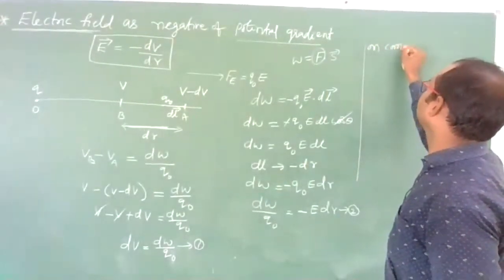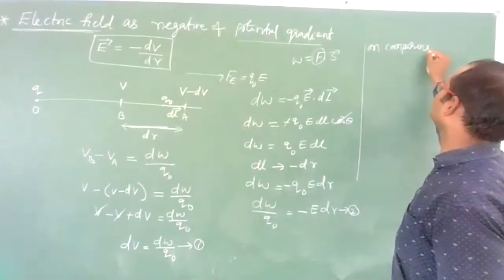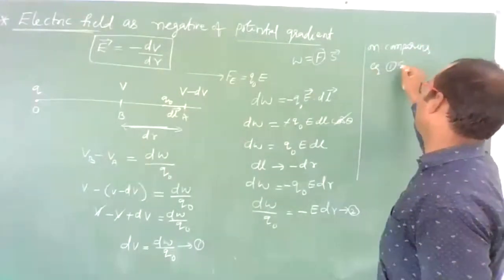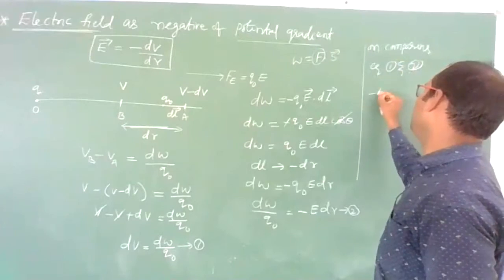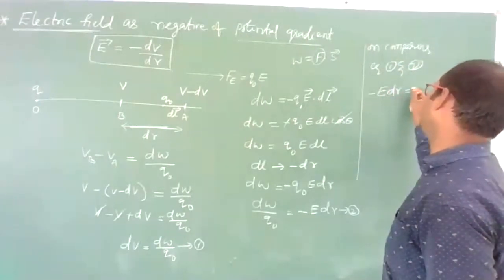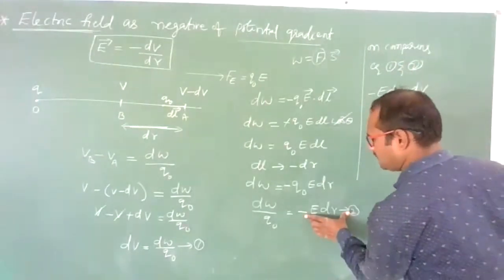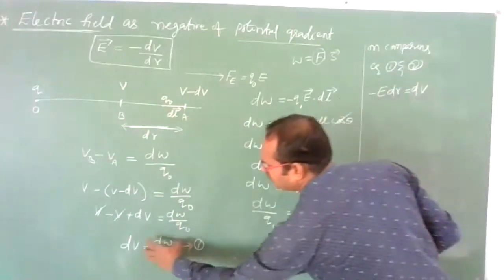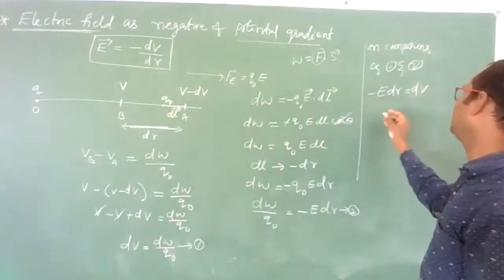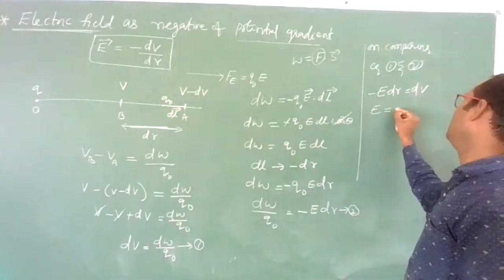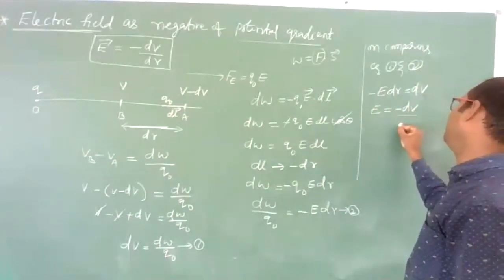On comparing equations 1 and 2, we can write minus E dr is equal to dV. Correct? Minus, and that side you will get E is equal to minus dV divided by dr.